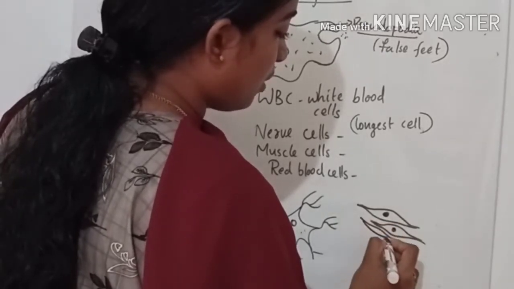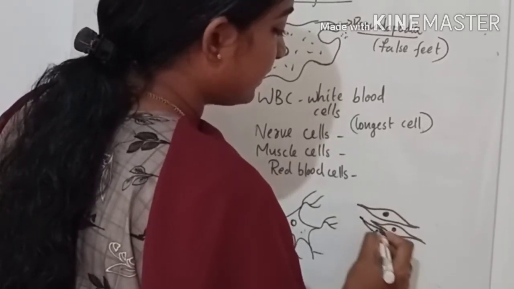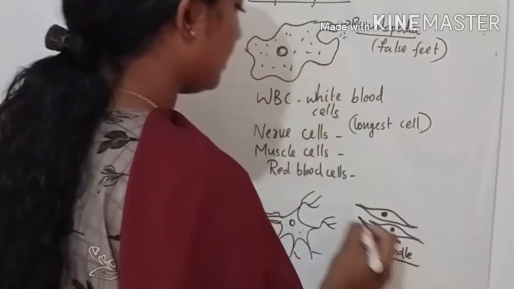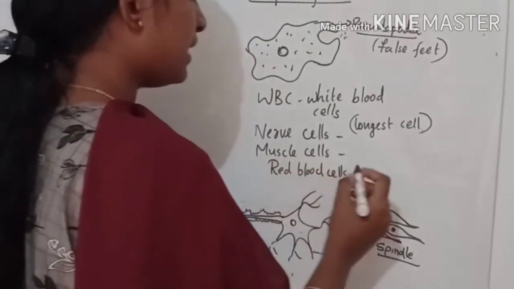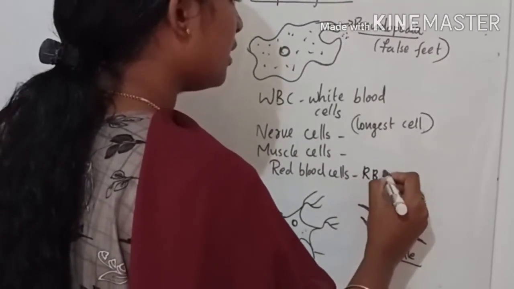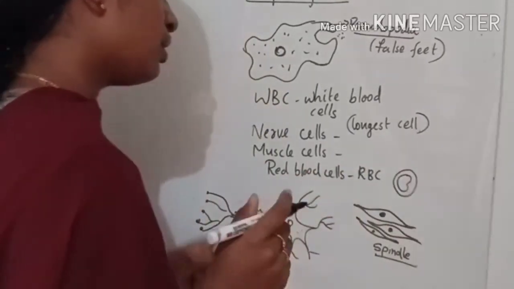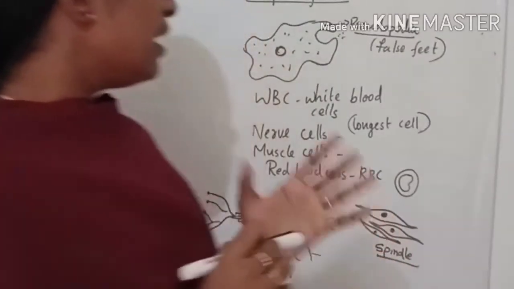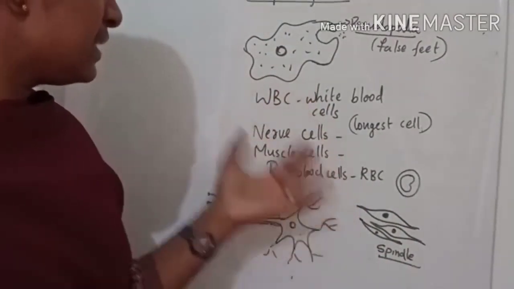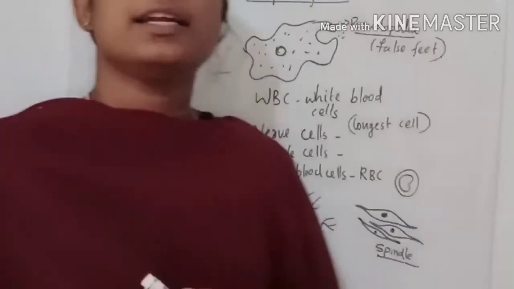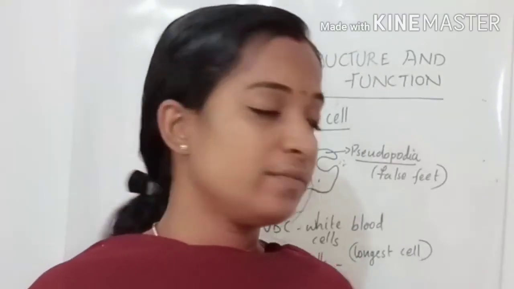They are long but pointed at the tip, so we can say it is spindle shaped. And the red blood cells, or RBC, can be called a round or spherical structure. So when we take these as examples, we can say that the cells are different in shape.